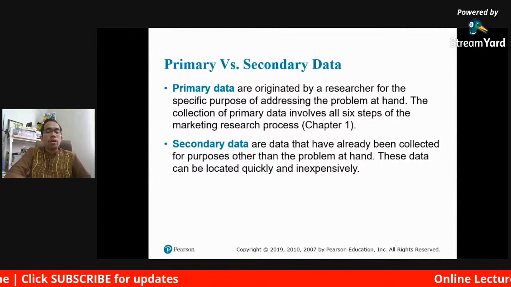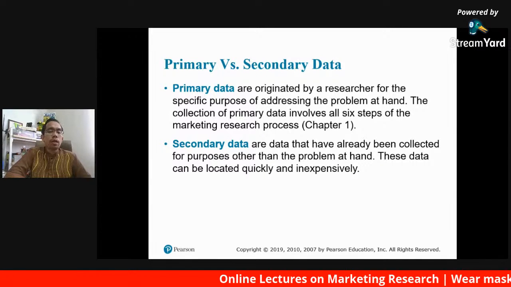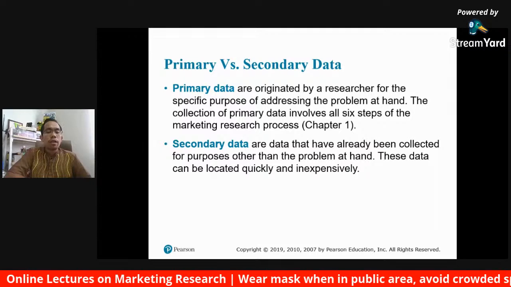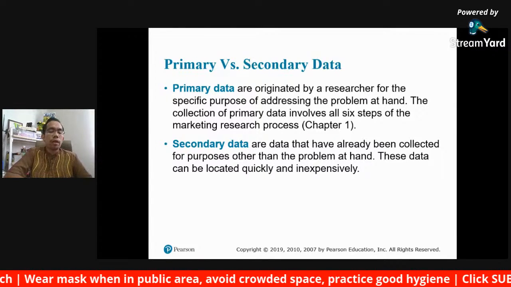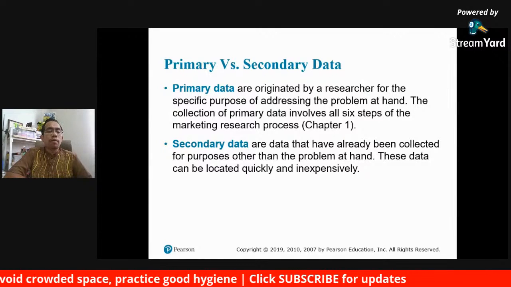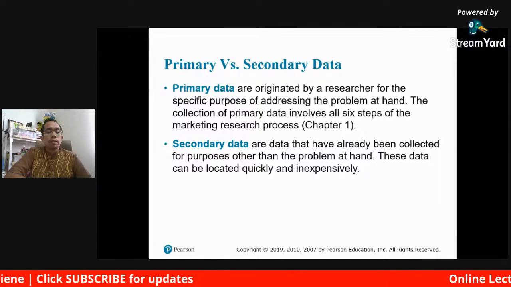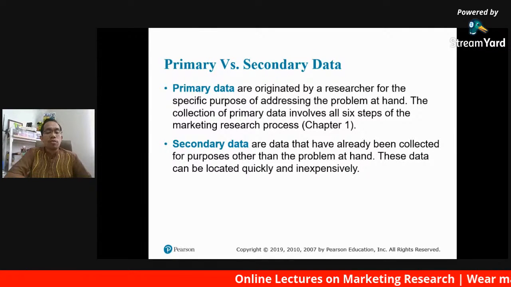the stakeholder. Another one we call secondary data, which has already been collected for a purpose other than the problem that we discussed, and it is very quick and facilitates most of the process in getting certain views or a basic argument about our research.